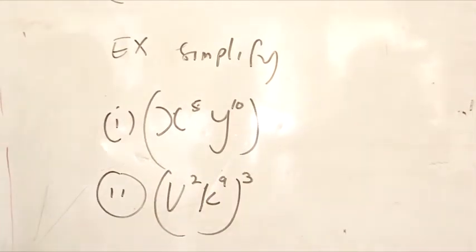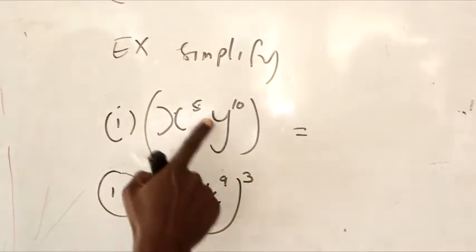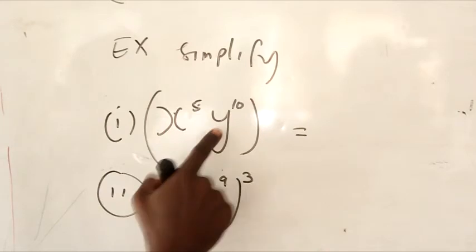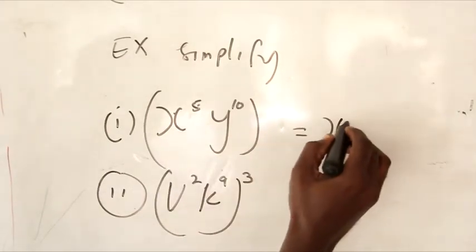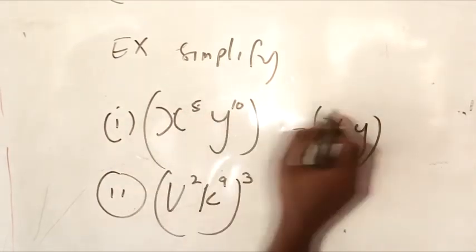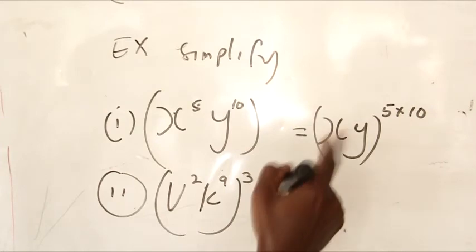Alright, the first one will look like this, x raised to the power of 5, y raised to the power of 10. Let's multiply the powers. This is x, y, 5 times 10.